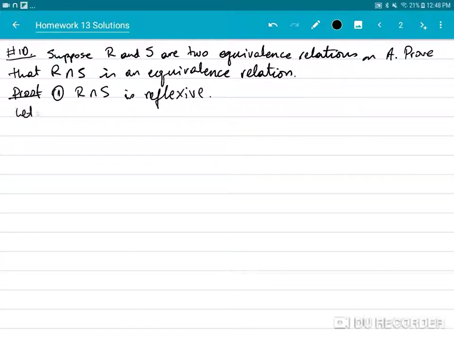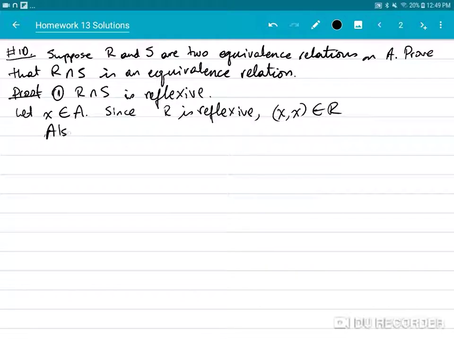All right, let's see. So let X be a generic element in A. Since R is reflexive, then (X, X) must be in R. Also S is reflexive. Why is that?